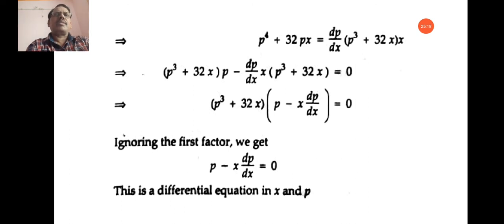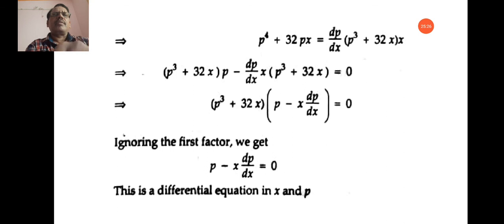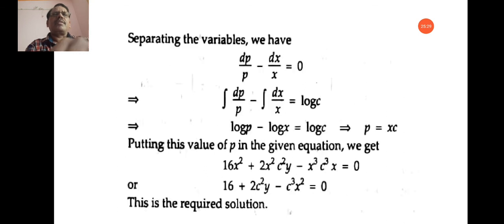Ignoring the first term since it has no dp by dx term, take the second term, which is a variable separable differential equation, and solve that equation. We get p equal to xc. Substitute the p value in the equation and we get the solution of the given differential equation.